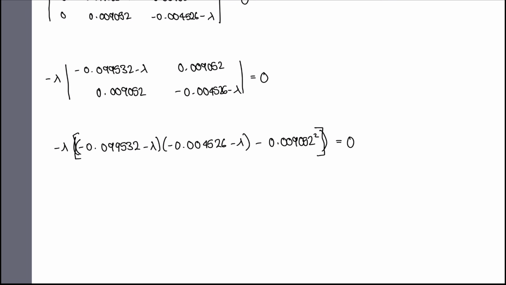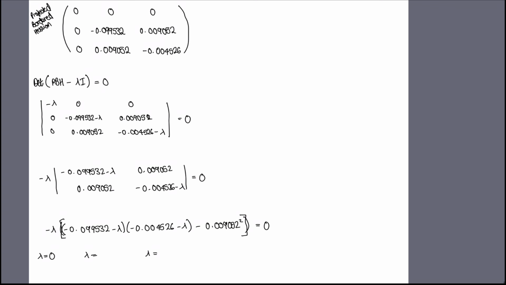So we already know that one solution is going to be that lambda is equal to 0. And then if we expand all of this, we would get the other eigenvalues. What we can also do is just look at this matrix, and use the rule to go straight to the characteristic equation, which is lambda squared minus the trace of this matrix times lambda plus the determinant of this matrix is equal to 0.